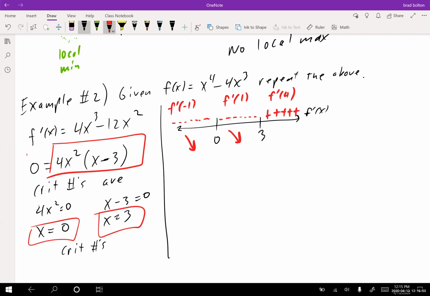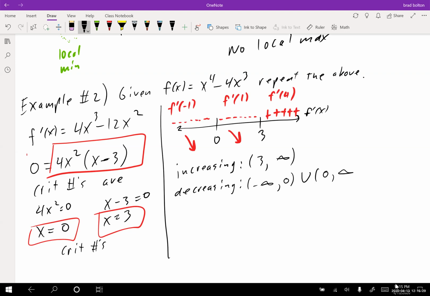So we come over here and we're going to do increasing. Okay, so what's our interval of increasing? It's going to be from 3 to infinity. And what's our interval of decreasing? Well, it's going to be from negative infinity to 0, union 0 to infinity. Oh, I'm sorry, not infinity, that's incorrect. 0 to 3.